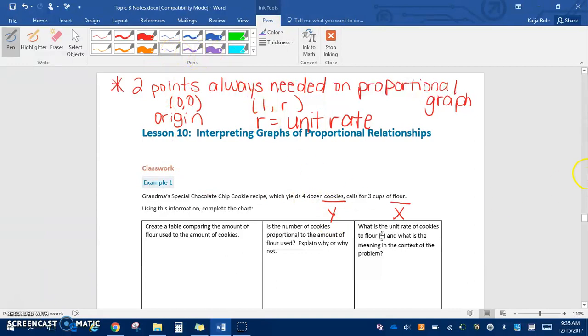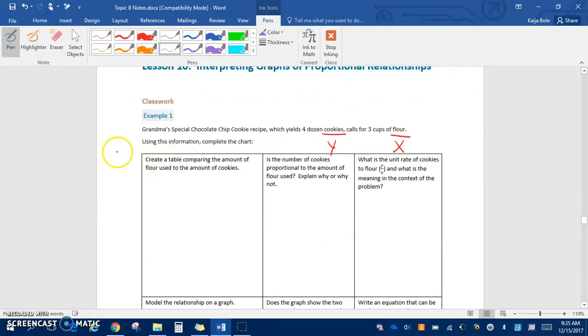So first here in the box it says to create a table comparing the amount of flour used to the amount of cookies. So we have flour and we have cookies. Alright, and this is in dozens. So make sure you add that in there, else you'll be very confused. So for 3 cups of flour, we know that they get 4 dozen cookies.